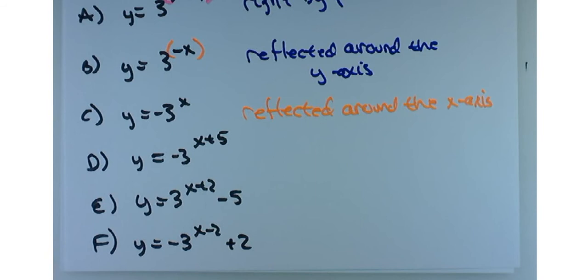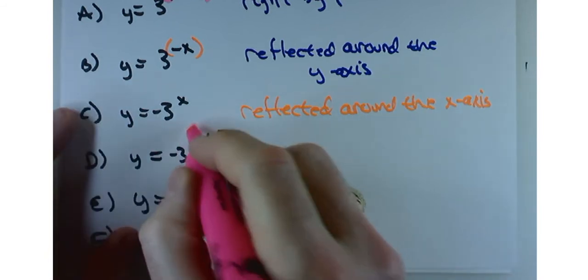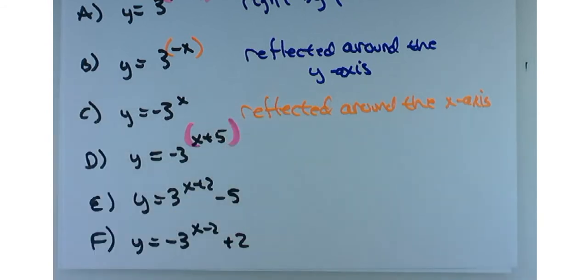This next one is kind of a combination of a couple things. What's happening with this next one? All right, reflected around the x-axis, so we have that again.